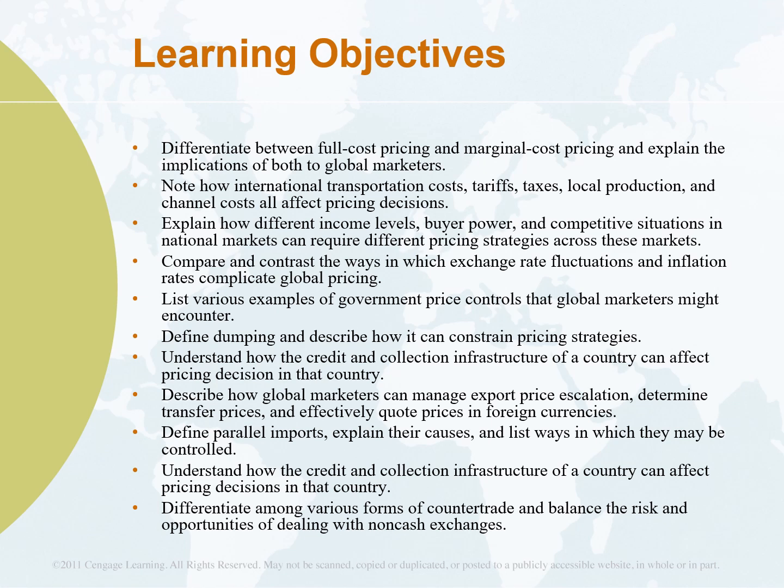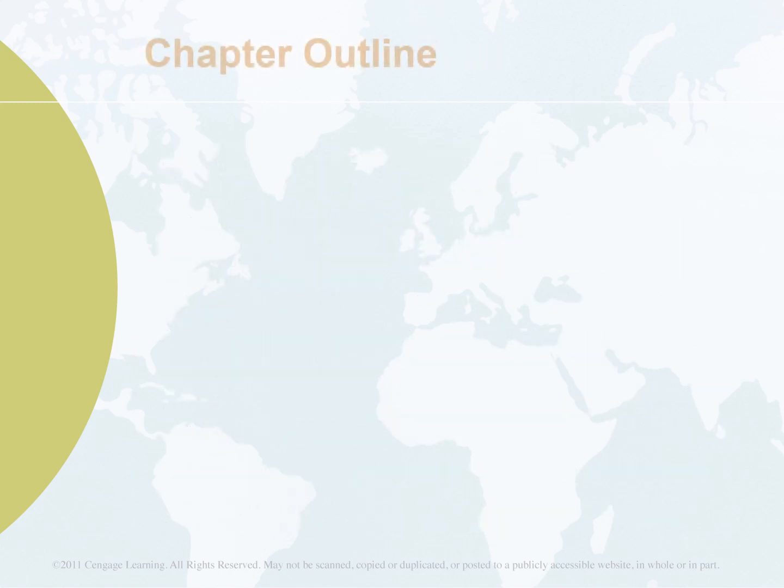How global marketers can manage export price escalation, determine transfer prices, and effectively quote prices in foreign currencies and parallel imports, credit and collection infrastructure, and different forms of counter trade, and balance the risk and opportunities of dealing with non-cash exchanges. Okay, lots of concepts here.